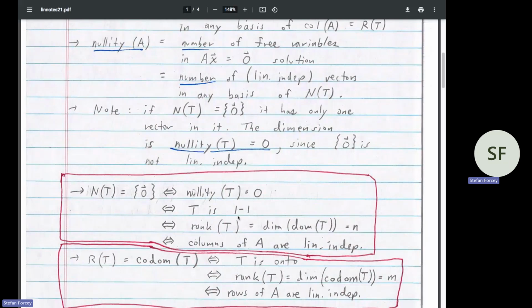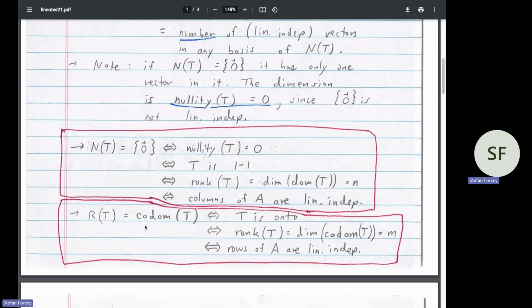Then we know already that T is 1 to 1, if that is true. And then we would know that the rank of T is the whole dimension of the domain, which is N. And then, because they have to add up to N, we would know that the columns of A are all linearly independent too, because every single one of them has to be a pivot column.